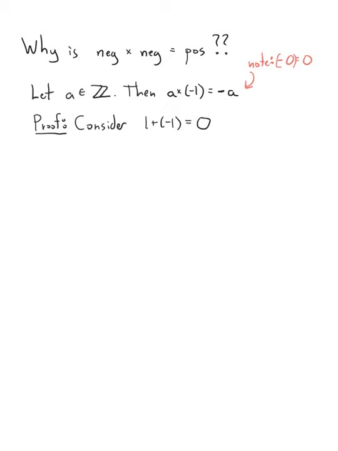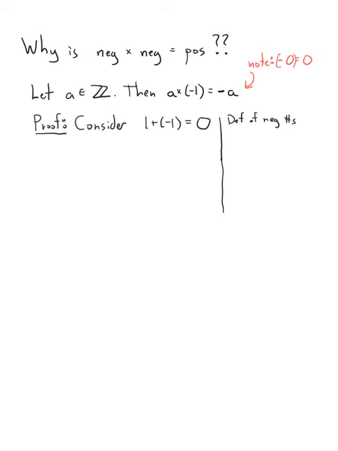And how do we know that equals 0? That equals 0 because we know 1 and -1 are negatives of each other, opposite numbers. So we can say by definition of negative numbers.